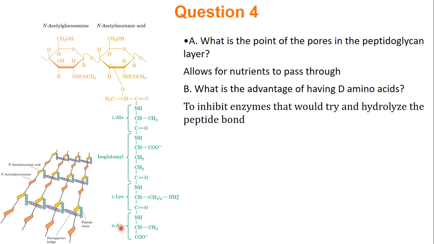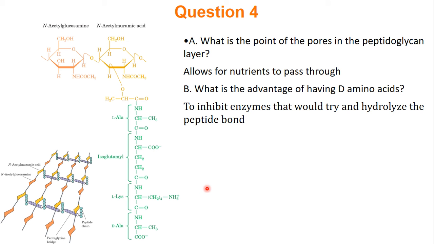Now, why does peptidoglycan have D amino acids? If everything uses L amino acids, and this peptidoglycan is your armor, more or less, your outside shell, it makes sense that you want your armor to have a trick with it. The proteins that your enemies could use to kill you are going to be looking for L amino acids.